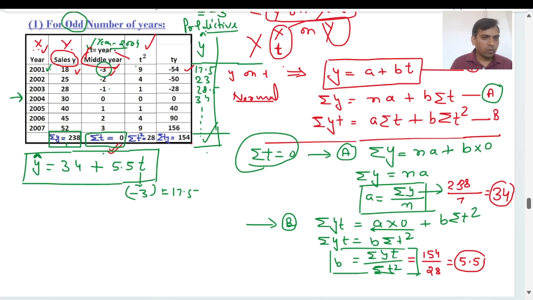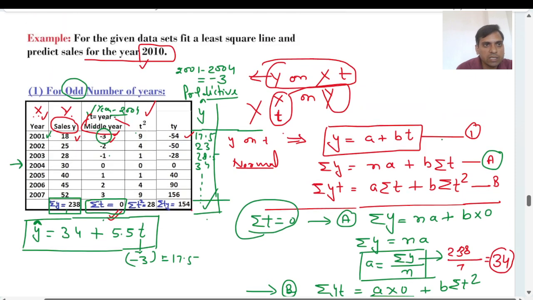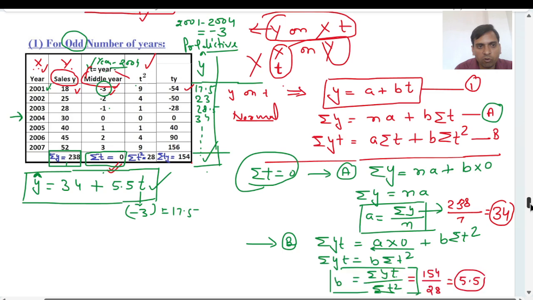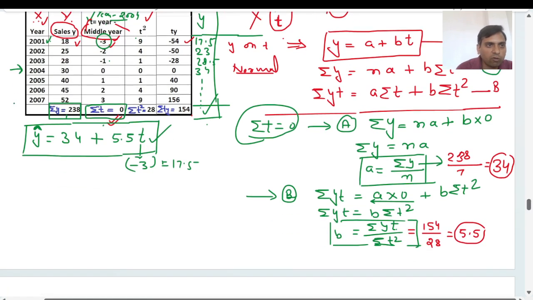And now we will forecast a particular value. Now the main question is: this is the equation of the least square line, the equation of a straight line, and predict sales for 2010. For the year 2010, the value of t is what?